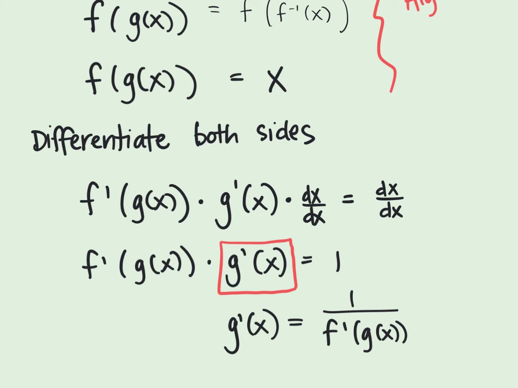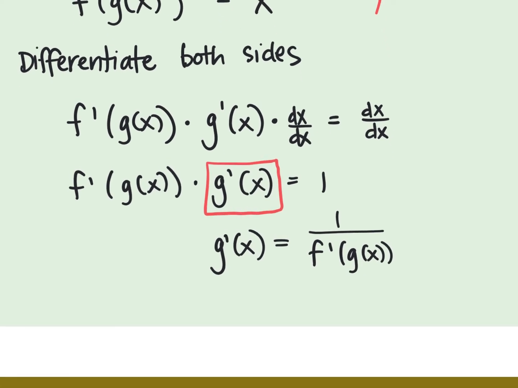Now, one more thing. What letter goes into a g function, whether it's a g or a g prime or whatever? What letter, based on our previous slide that we just did? B. B goes in. And then 1 over f prime of g of b.